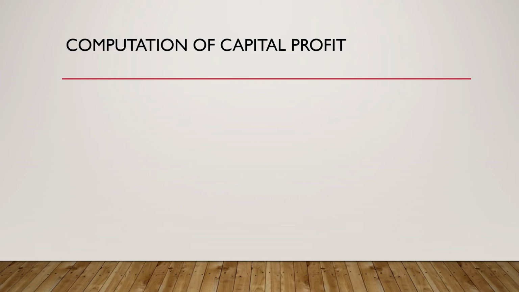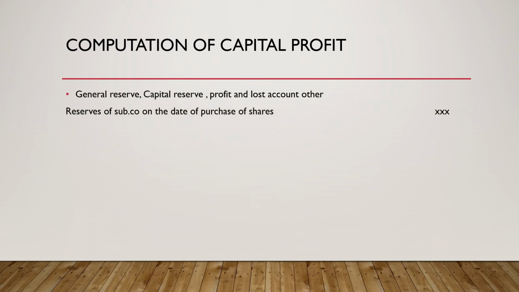I told you capital profit can be in the form of general reserve, capital reserve, profit and loss and other reserves of the subsidiary company on the date of purchase of shares. If you find any of these items on the liability side of the subsidiary company, all such items will be considered as capital in nature. We will start with that.